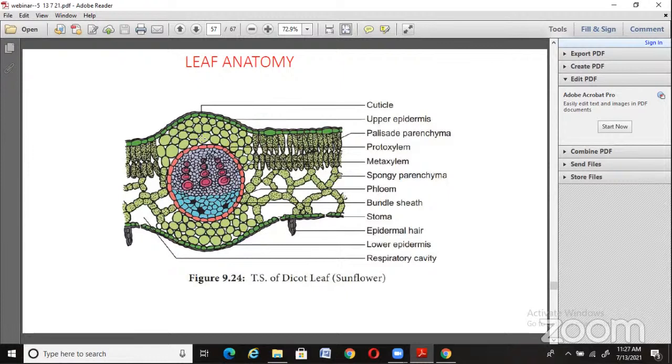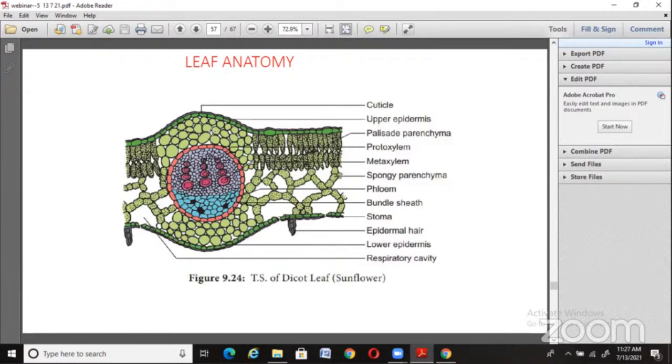So the concentration of oxygen gradually increases, and the temperature is more than in the inner tissues. These two conditions do not support the C3 cycle or the enzyme Rubisco, which is essential to perform the C3 cycle.